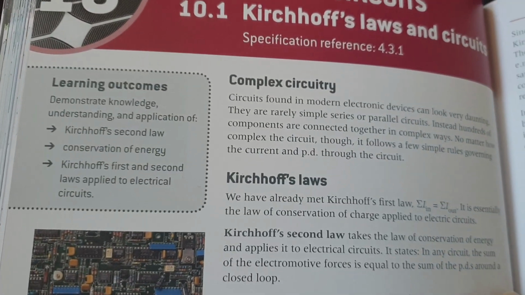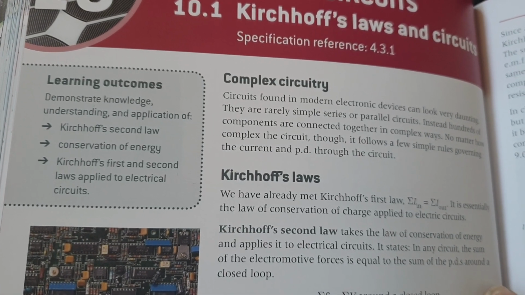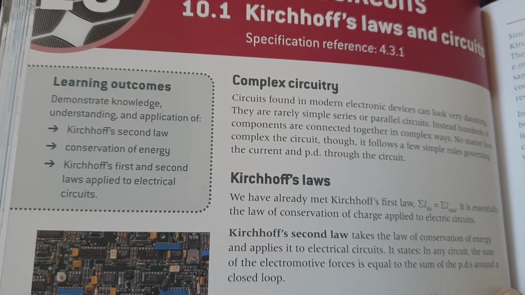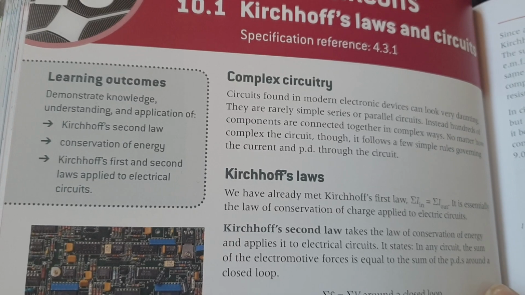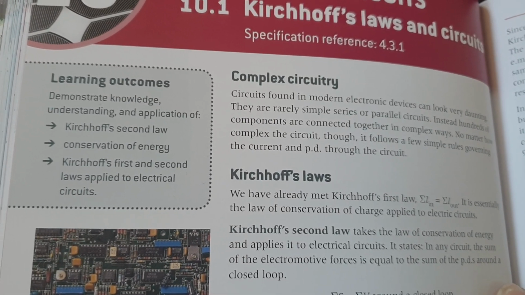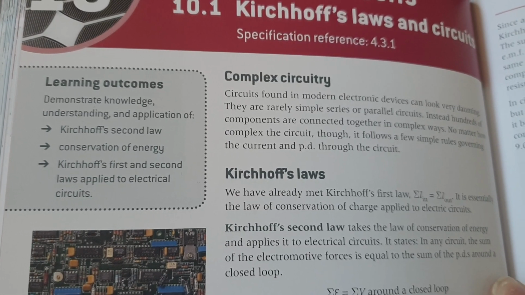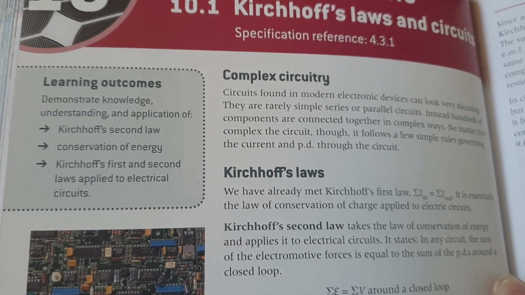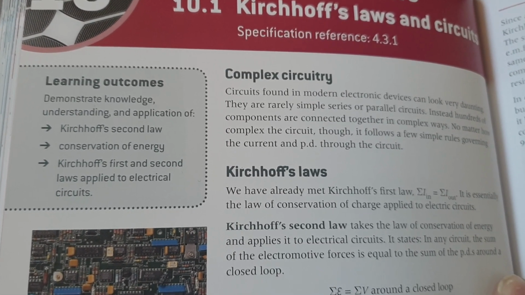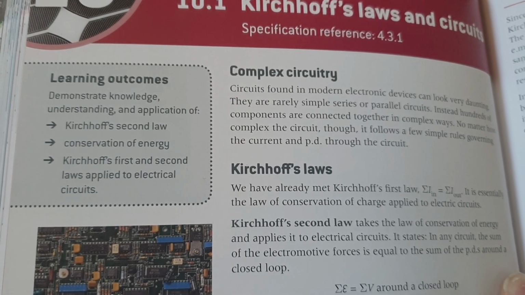What is actually happening is that the EMF is shared out rather than used up, and that's actually what they say in the text. So if you add up all the potential differences in a pure series circuit, they'll add up to the EMF.